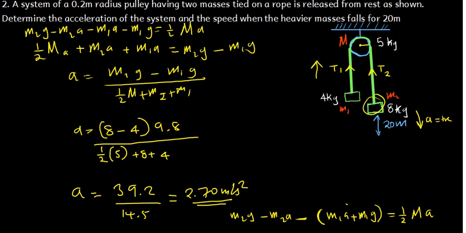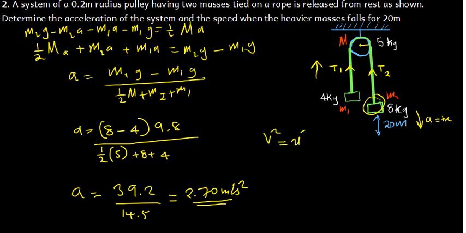Now the other question is the speed when the heavier mass falls for 20 meters. How do we find the speed when it falls for 20 meters? We know that it was released from rest, and we know that v squared is equal to u squared plus 2as.